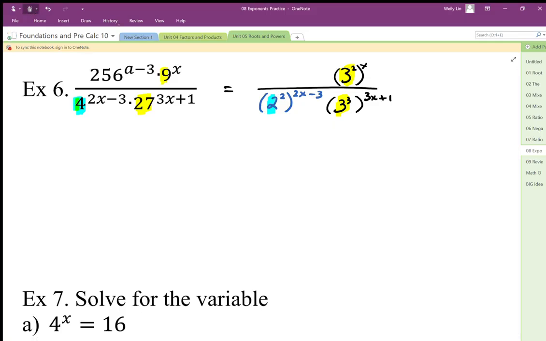And if we take a close look at the 256 as well, although that's a little bit harder to see, this is actually a base 2 number. These are kind of interesting numbers because you've probably seen these when you look at computer memory. They tend to go up by doubling. So this is really a base 2 number.